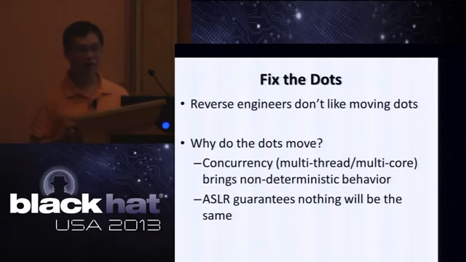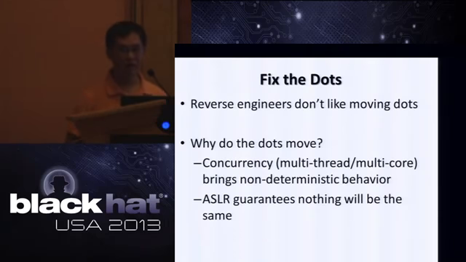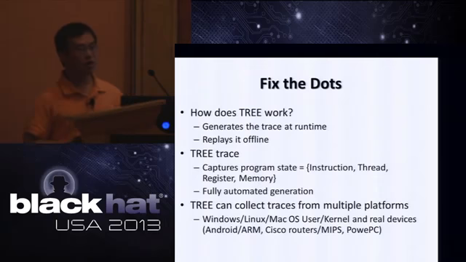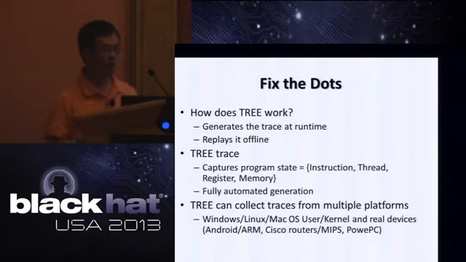Address space layout randomization is by design meant to make the internal workings different every time you run the same program. Particularly with the fine-grained ASLR built into Windows 8, it almost guarantees nothing will be the same for two runs at different times. So Tree uses the replay approach to record the trace at one runtime, just once. Then you can analyze it from different aspects many times.